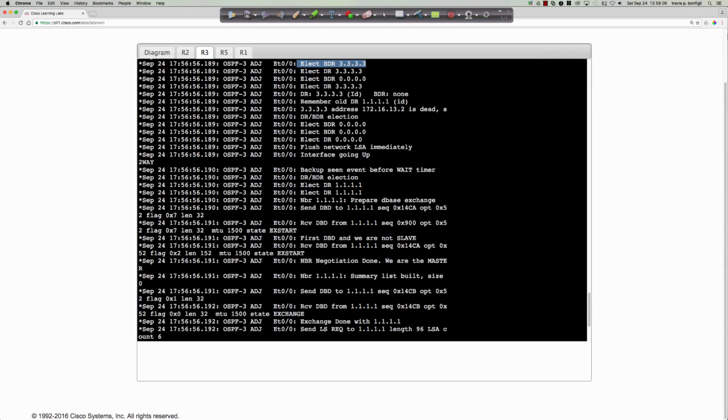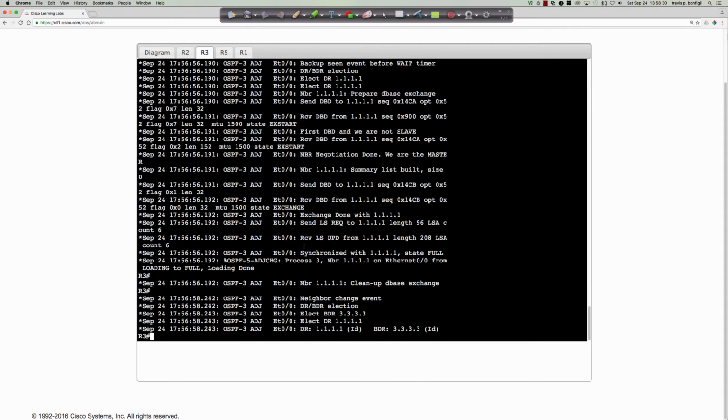You've got a link state request, which is like, hey, I want to synchronize my database. Then the link state update, and then the link state ACK, the acknowledgement, which guarantees delivery, making sure the information is being received as it should be. Okay, so that's the output of the information there.